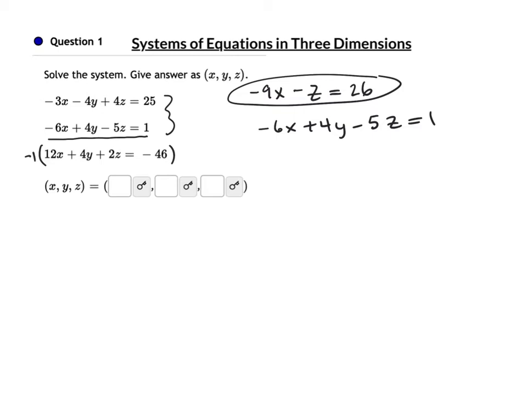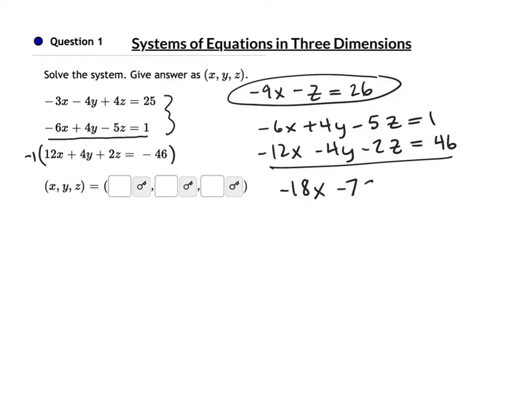That equation becomes -12x minus 4y minus 2z equals +46. Now we can add those 2 equations. We get -18x minus 7z equals 47.